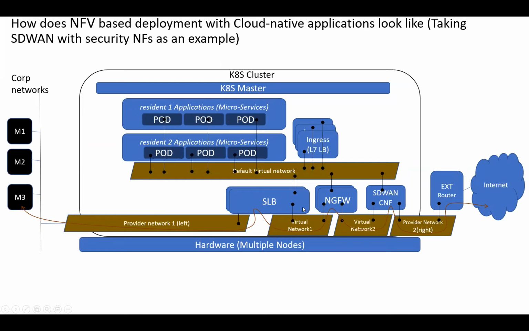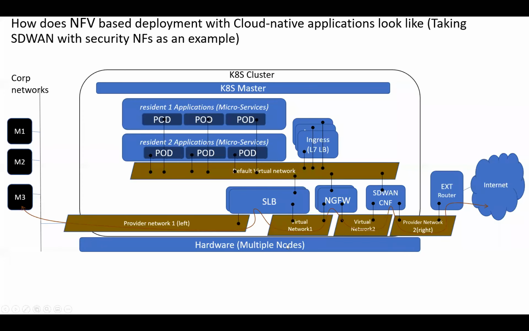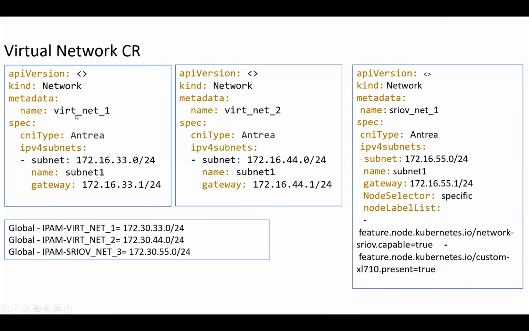Any other questions here? Okay, let's move on. This is the sample virtual network CRD. As we saw here, these are the virtual networks which we plan to define. If there is a CNF use case, it is not limited to one or two; we just showed an example here. This tells us the subnet, what subnet I belong to, and what my gateway IP address is.